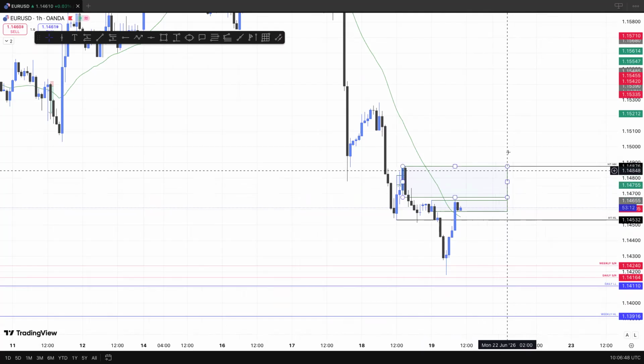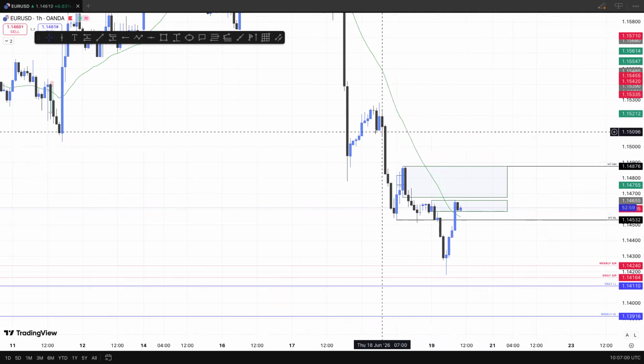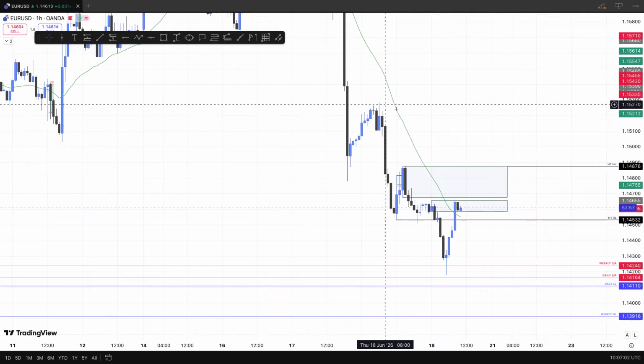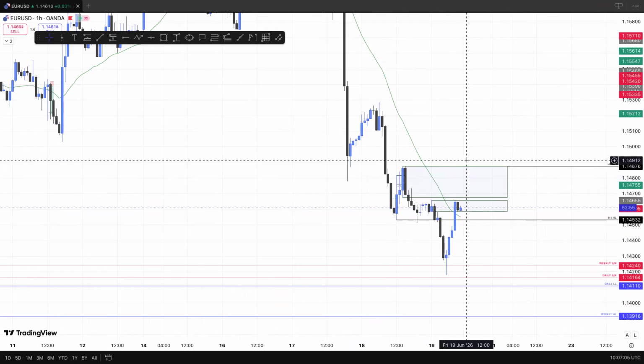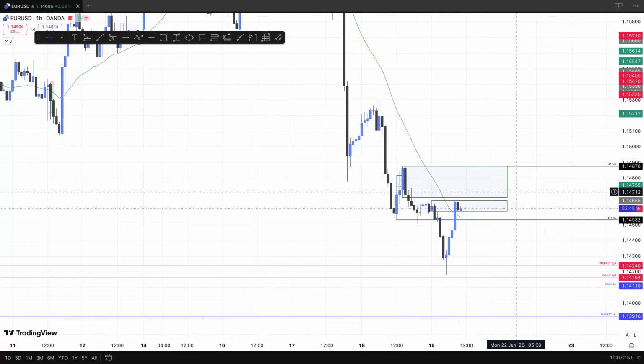It's if these two supplies get invalidated before session open or during session open, if no sell side setup appears, then we are probably heading to this supply. Okay, so the sells will be invalidated, and buys will be present to take price back into this supply right here.